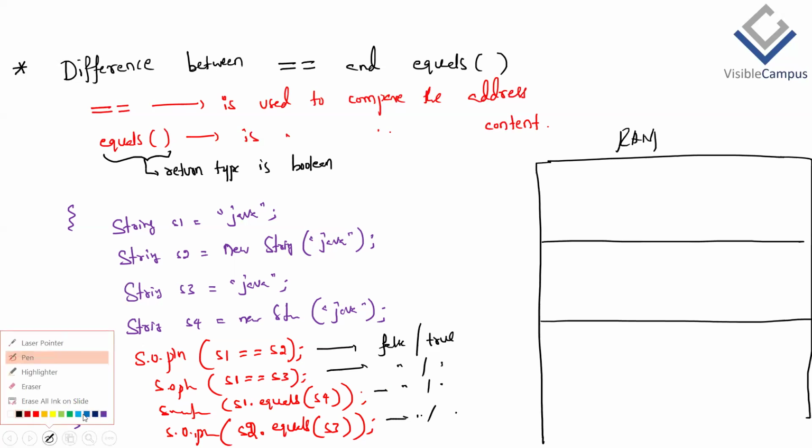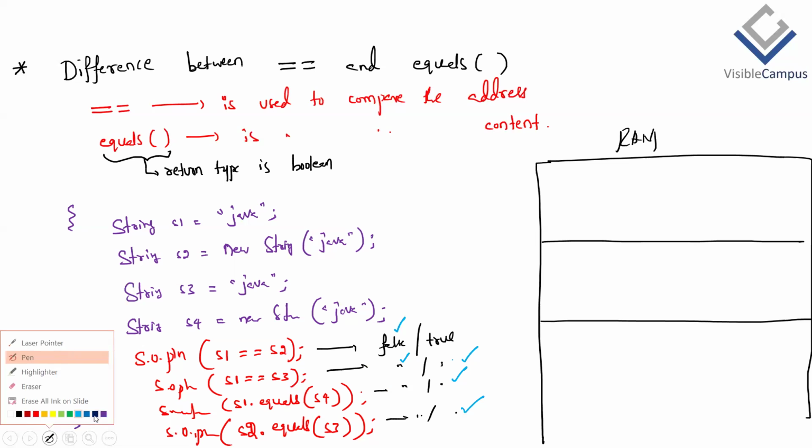First one is false. Second, true. Somebody is saying false also. Third one is true. Fourth also is true. But for the second one, some answers are false and some are true. Okay, we'll see that.